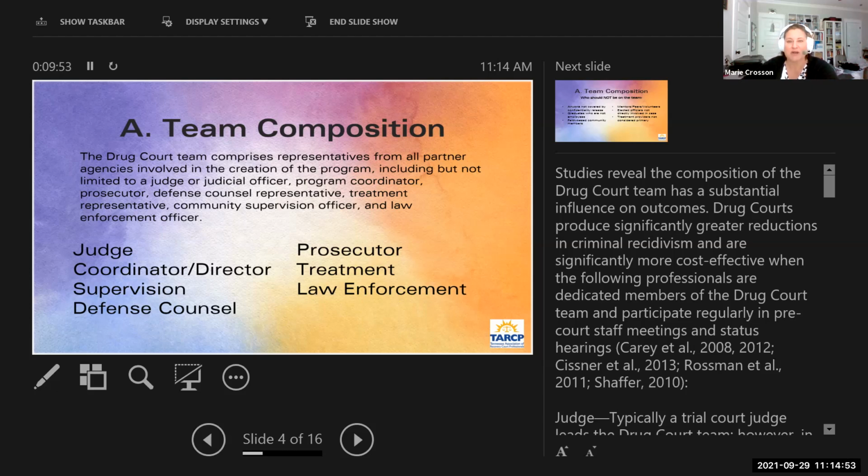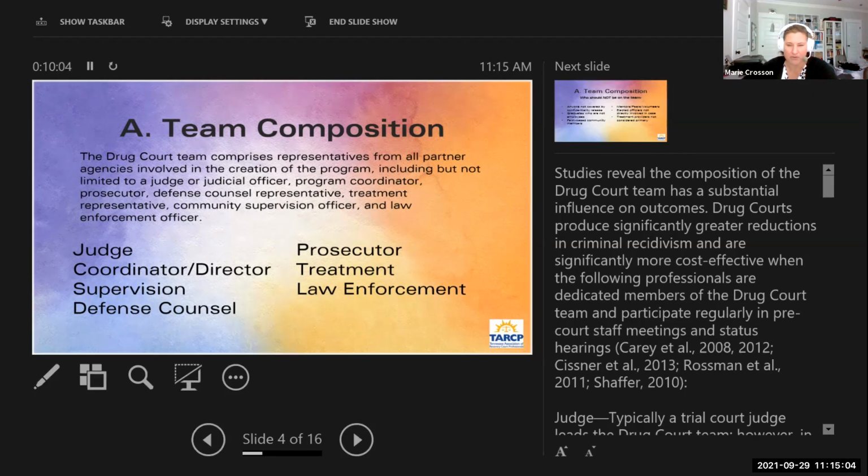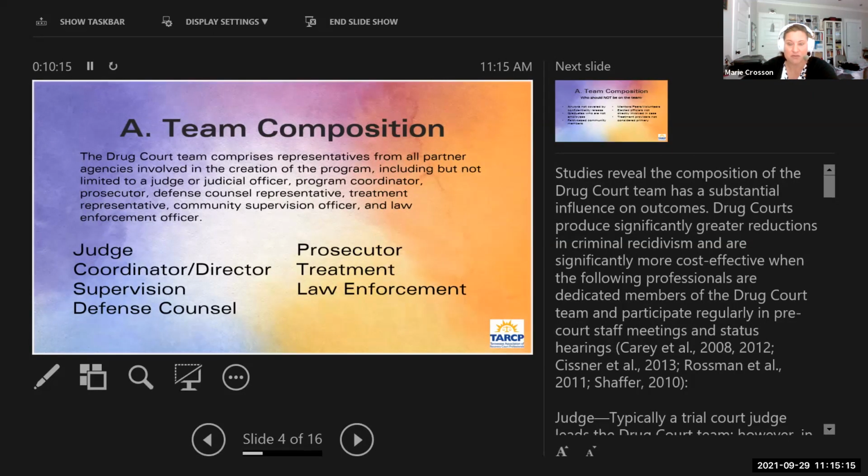The prosecutor has a lot of power in the system and therefore can help streamline the whole process in a way that a lot of other team members cannot. They can also handle judicial court issues for participants if they so choose, so that some of the resources of the court are not tied up in that person that is a participant in your program.